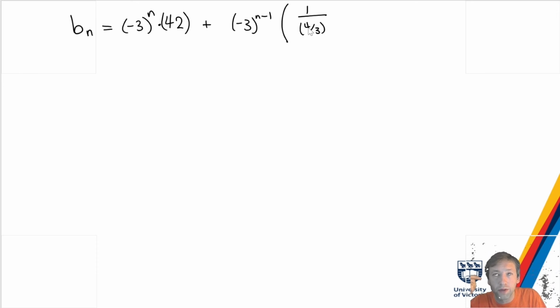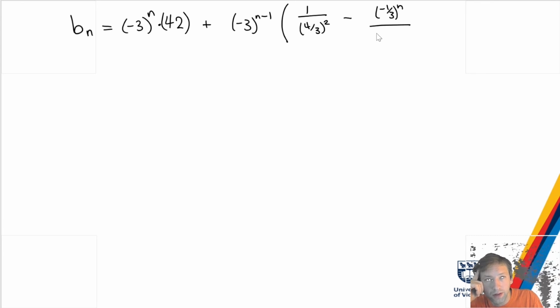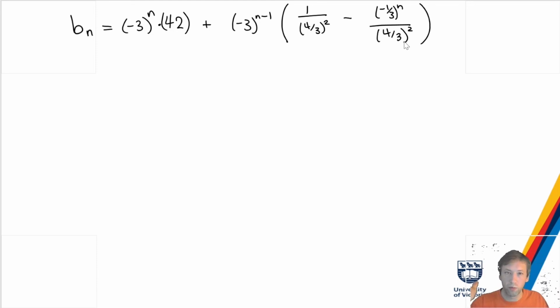I'm just doing the algebra here. Minus negative 1/3 to the n over that same thing, 4/3 squared, and whatever. You can simplify this if you want.